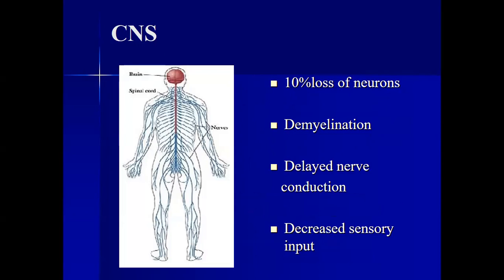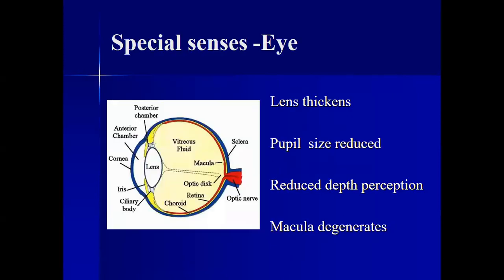If you see the CNS, how the physiology is different: 10% loss of neurons is normal. Demyelination is going on. Delayed nerve conduction is going on. Decreased sensory input is going on. This is all physiology going on in the geriatric population. If you see special senses, in the eyes, the lens gets thicker, pupil size reduces, depth perception reduces, and there is macular degeneration.